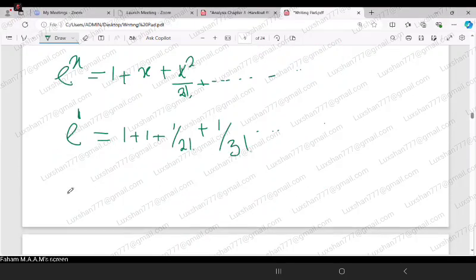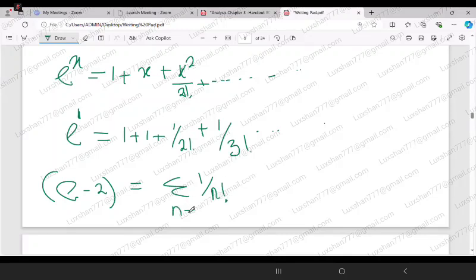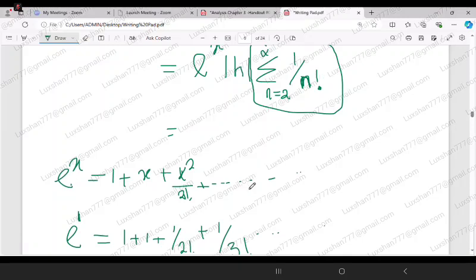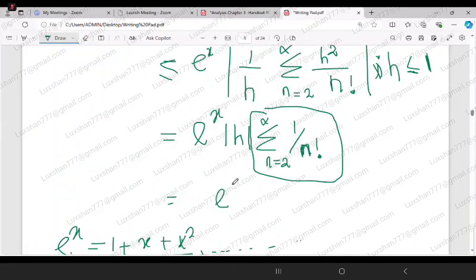So if you take these two this side, e minus 2 equals summation 1 over n factorial, where n equals 2 to infinity. Therefore, for this one, you can put e minus 2. So this is equal to e to the power x into mod of h into e minus 2.